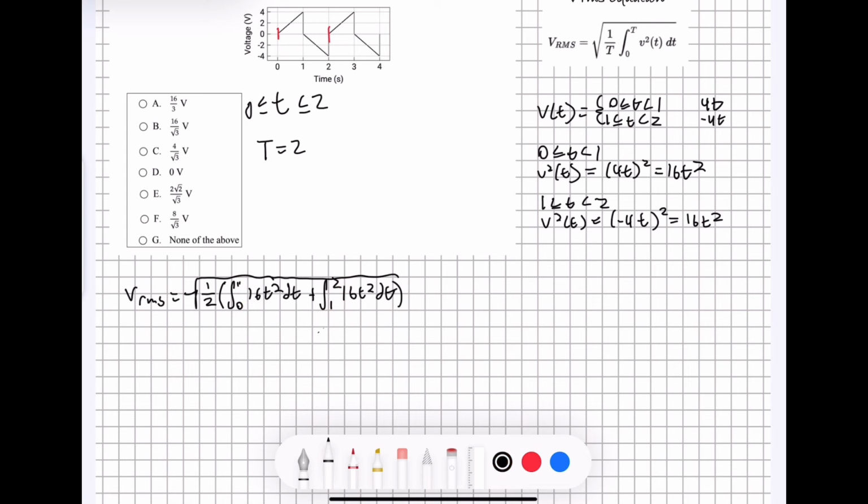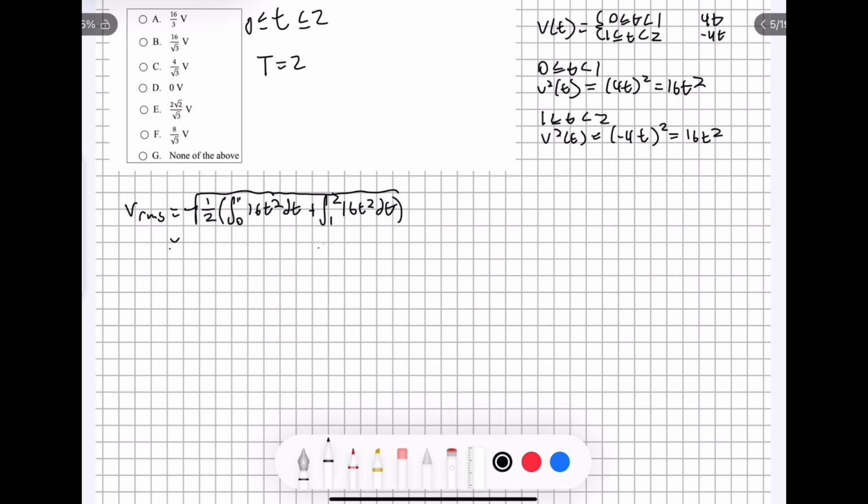So we can actually rewrite this as square root of 1/2 times 2 times the integral from 0 to 1 of 16t squared dt. Because the behavior of the squared function is going to be the same, we can just multiply it by 2. And now we notice that this 1/2 value and this 2 value over here cancel each other out. And now the only thing that we have inside of our square root is our integral.